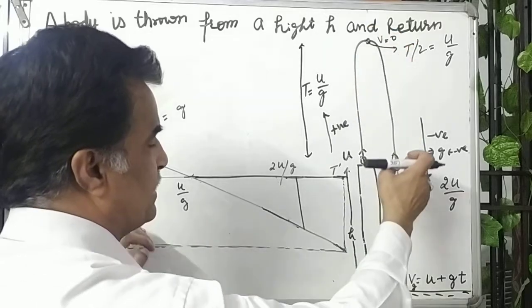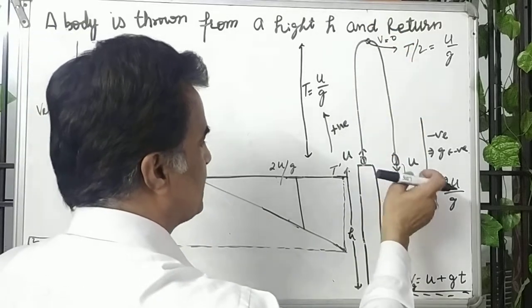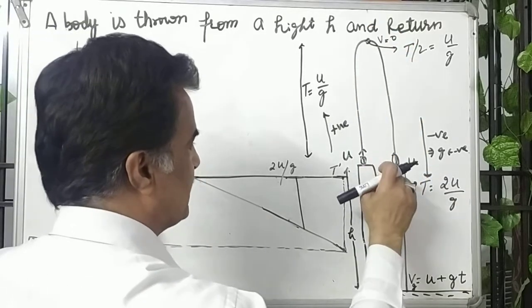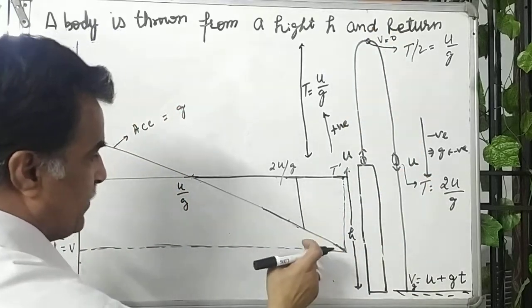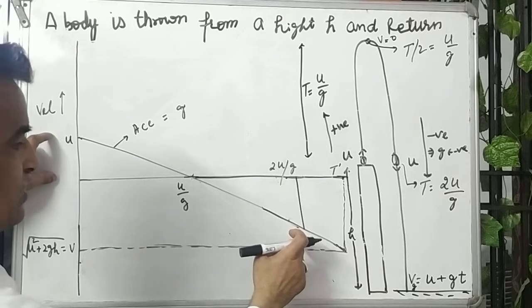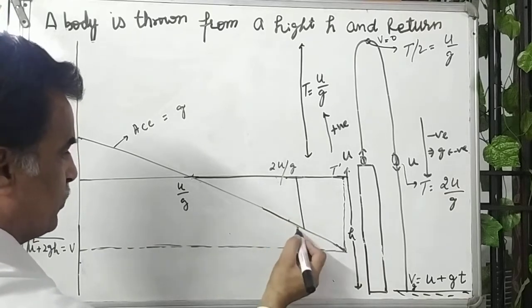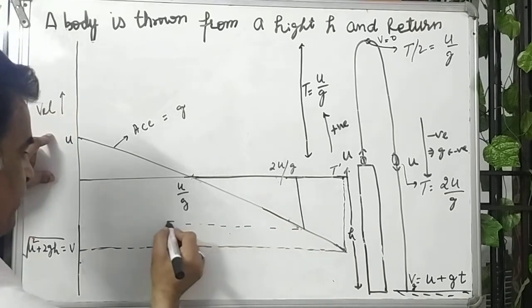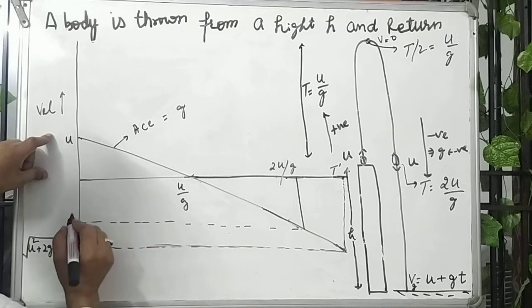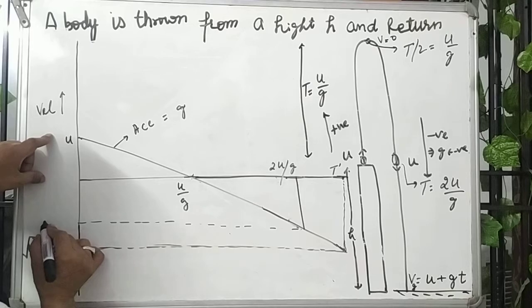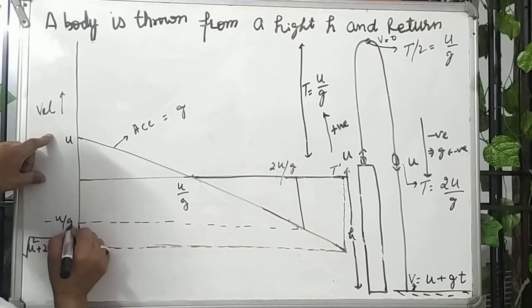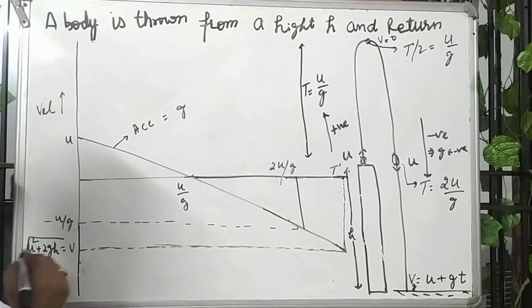At this point, velocity is negative but the speed is the same, u, as it returns. The velocity at this point was u going up, and coming down the velocity will be negative, minus u, and this is also negative velocity.